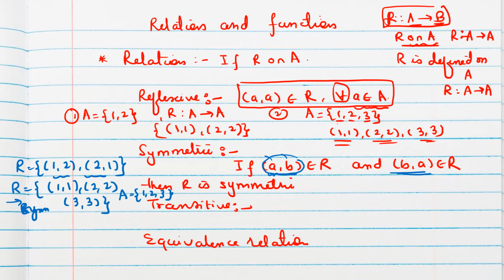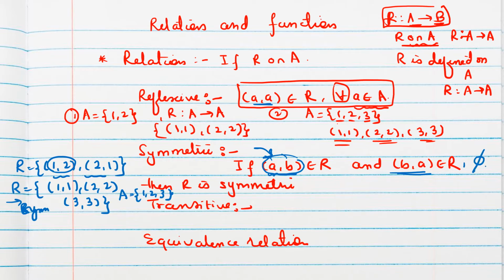So that is the difference between reflexive and symmetric. For reflexive, all elements should be there. For symmetric, if for any one element you find (1, 2) and (2, 1), you can say it is symmetric. But if such elements are missing, there is no question of checking the symmetry of the relation, because we know the empty set is symmetric in nature.